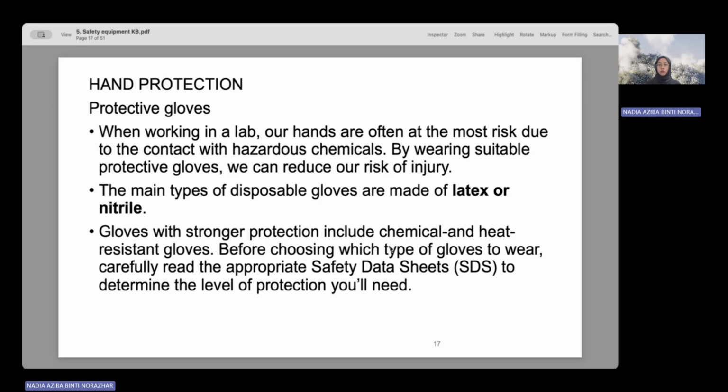So before choosing which type of glove to wear, we have to carefully read the appropriate SDS to determine the level of protection that you'll be needing, and to determine what kind of glove is most suitable to handle that kind of chemical.